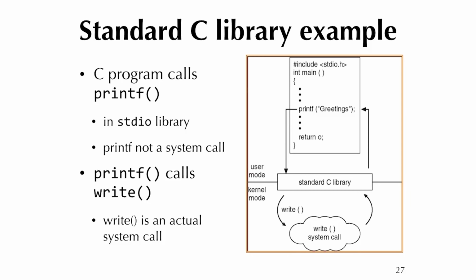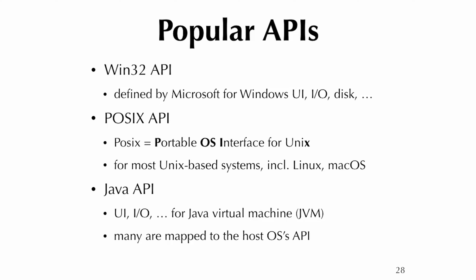Okay, so now there are these popular APIs. Win32 is certainly one of the most popular, defined by Microsoft Windows for user interface, disk, I/O. Now, what about UNIX? Well, it turns out there are many variants of UNIX.